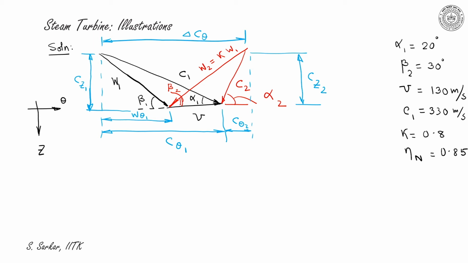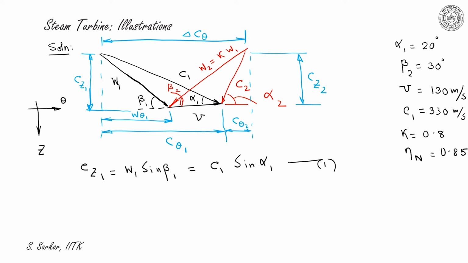Now I can write from the inlet velocity triangle, CZ1 is equal to W1 sine beta 1, which should be equal to C1 sine alpha 1. Let me call this equation number 1.